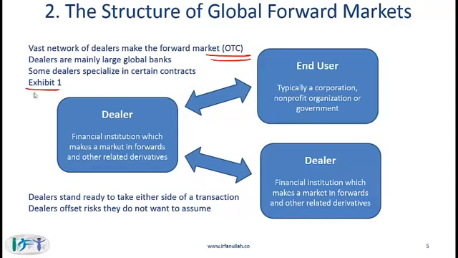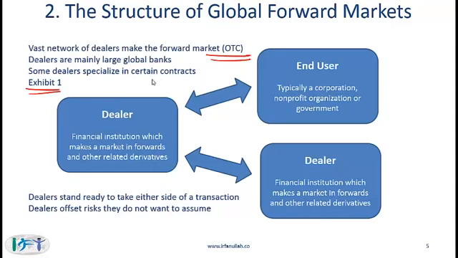For example, if you look at Exhibit 1, you will see a certain set of dealers who specialize in euro-dollar forward contracts. There will be others who specialize in LIBOR-based contracts and so on. You don't need to memorize the information here, but just recognize the fact that some dealers specialize in particular kinds of forward contracts.